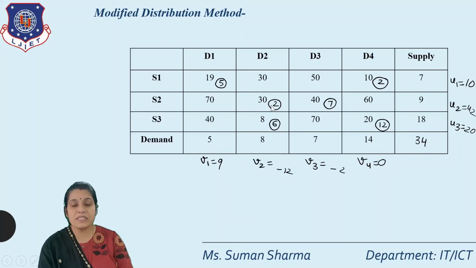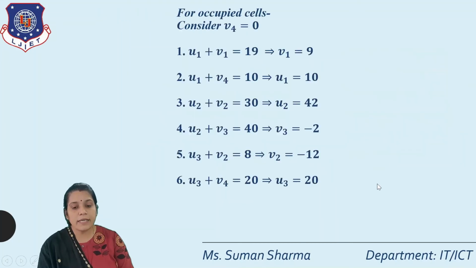Okay. So again, is this your optimum solution or not? First you write U1, U2, U3 according to rows, and V1, V2, V3, V4 according to columns. So what do we do here? You consider any row or column equal to 0. So we consider here V4 is equal to 0. Again, we write the equations for occupied cells.